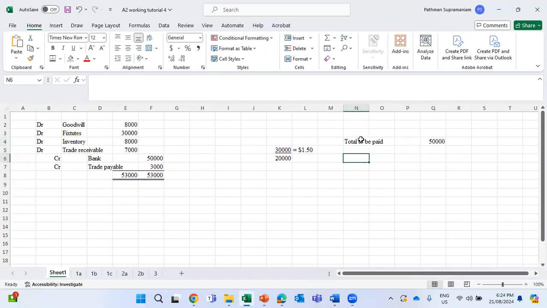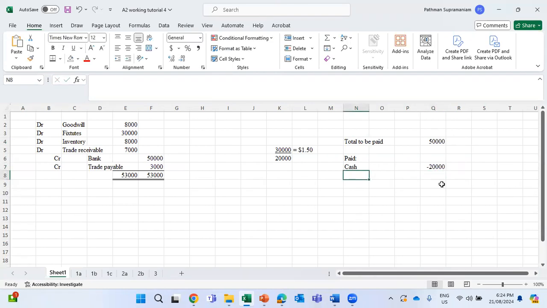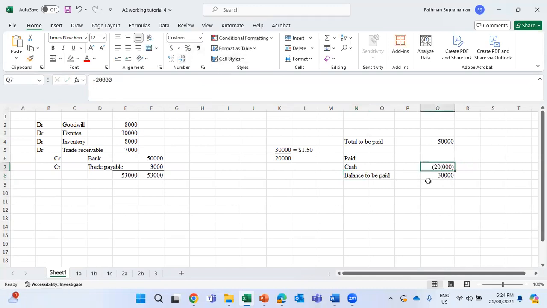Okay, then paid in the form of cash 20,000. So which means the balance to be paid is 30,000.